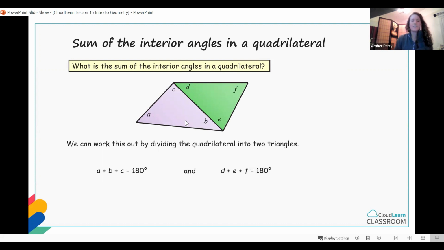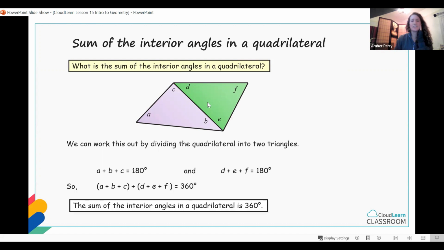Now, if I know that there's 180 degrees in there and 180 degrees in there, then the total must be 360 because 180 plus 180 is 360. So we can pretty much work out angles in a polygon using this 180 rule, or how many triangles can you fit in a polygon.